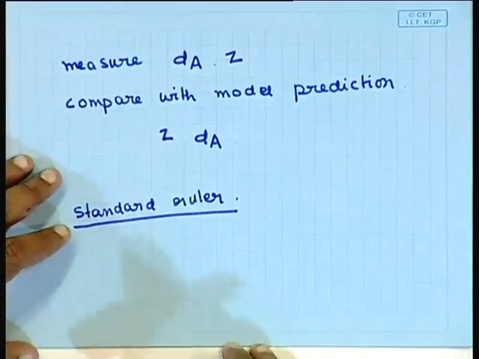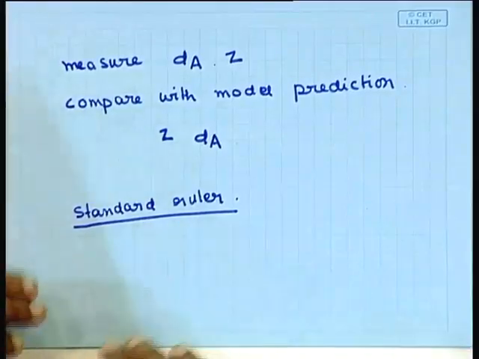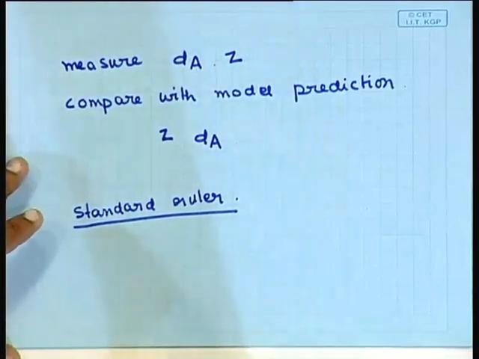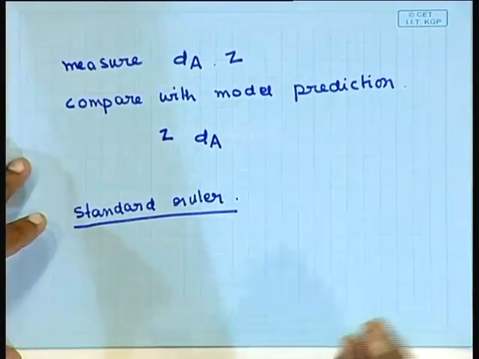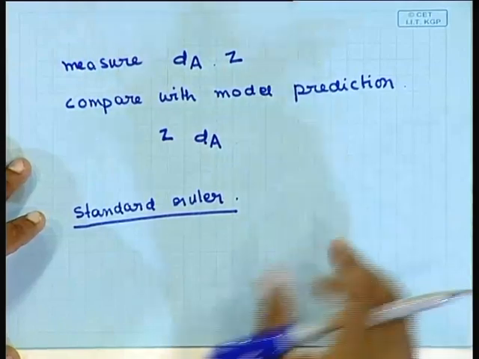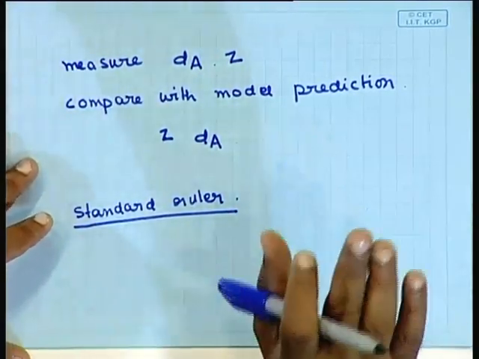For example, a galaxy we know is of the order of 30-40 kiloparsecs. There are variations, but we have some idea. So, if you use a galaxy as a standard ruler, there will be certain variations. We do not see galaxies which are a fraction of a parsec or something like that. A spiral galaxy, we know, is of the order of tens of kiloparsecs.